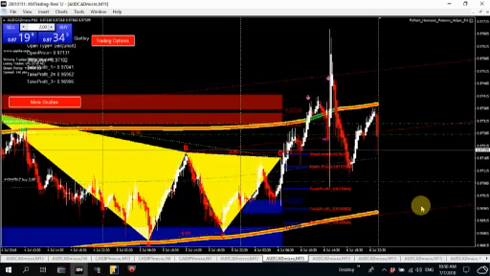A W shape. It will go touch the middle band, come back to retest that low, then it will go to the upper band. Imagine this and draw it on a sheet of paper. You will see it's a W shape. So the moves is what you need to know.